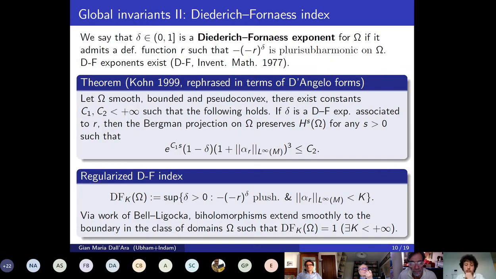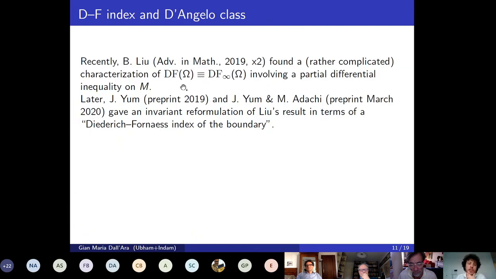If you impose no restriction on the D'Angelo form of the defining function, then you get what is usually called the Diederich-Fornaess index. And he was able to characterize this number in terms of a very complicated looking partial differential inequality on the boundary. But still, this was enough for him to derive several interesting consequences. So this is an interesting paper, I think, two papers actually.